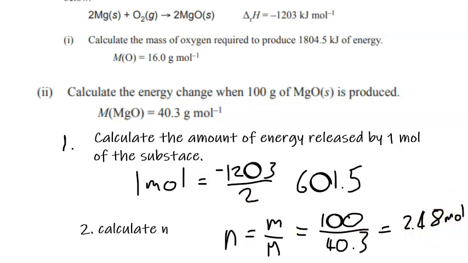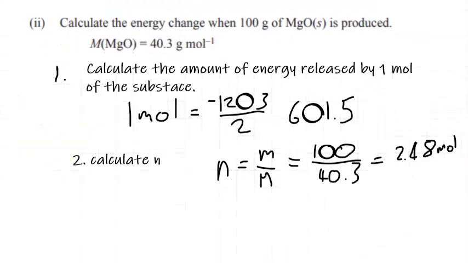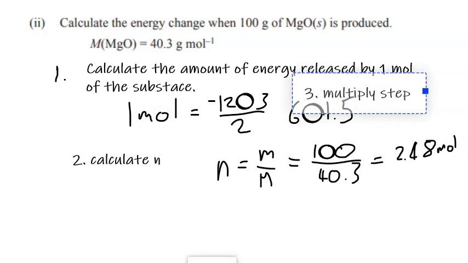The third step in our calculation is that we multiply step 1 by step 2.